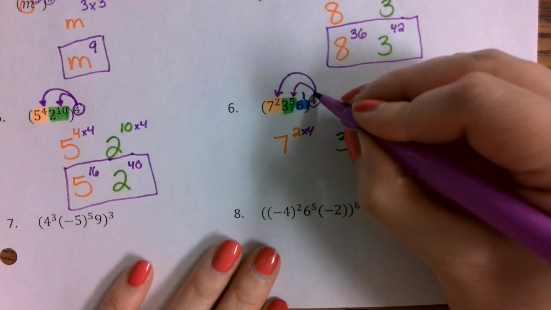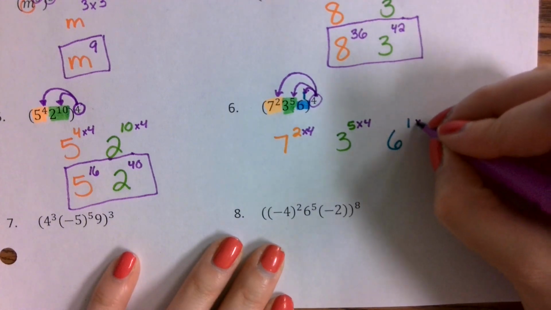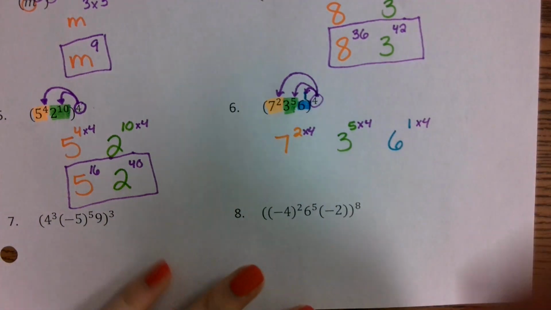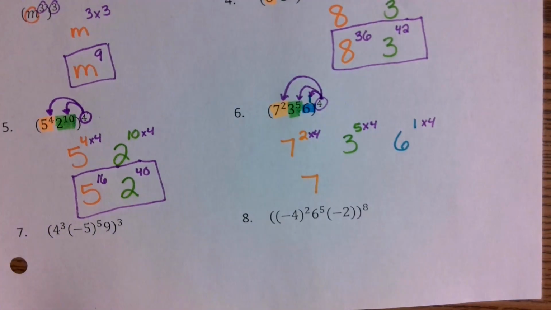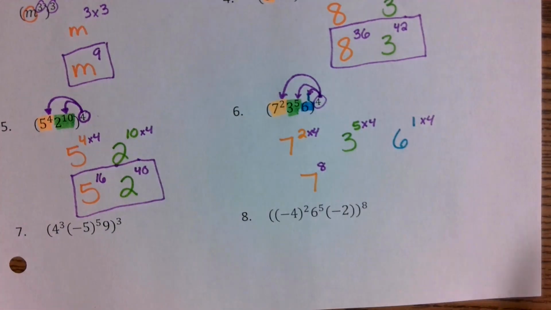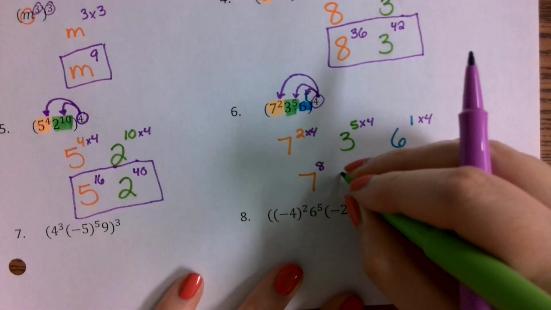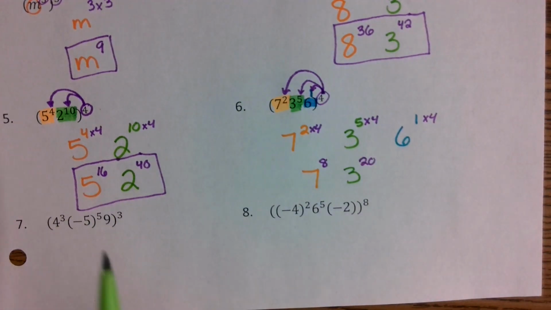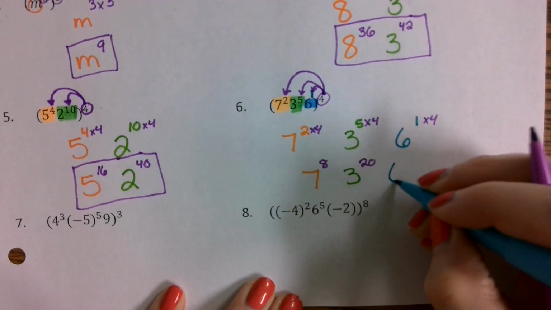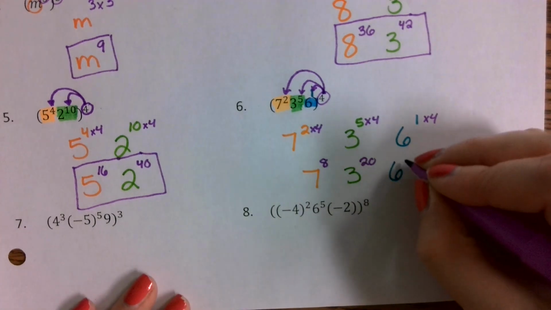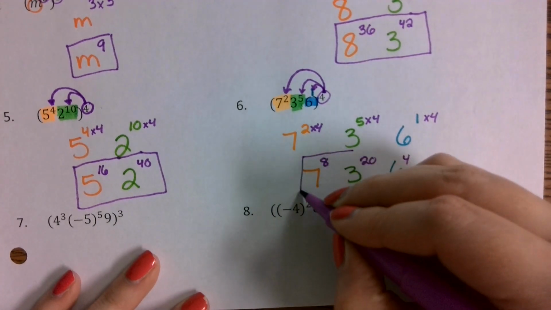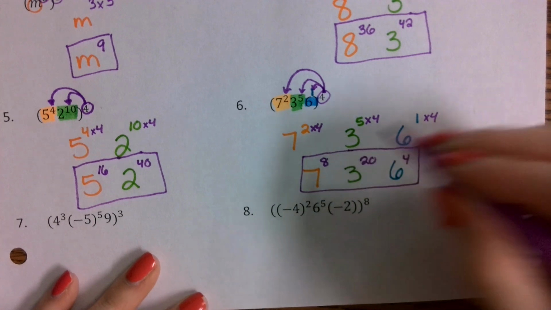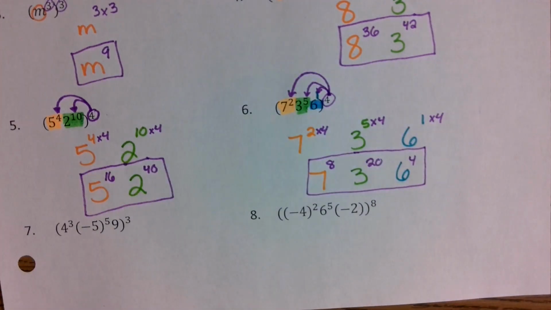And then we're going to take the 4 and distribute it to that 1. And our finalized answer is 4 to the 8th power, 3 to the 20th power, and then 6 to the 4th power. Final answer. It's really very easy. You're just distributing by multiplying.